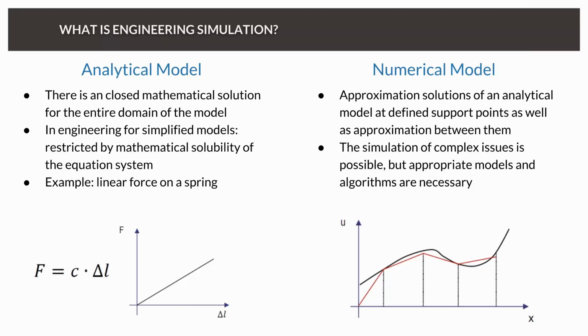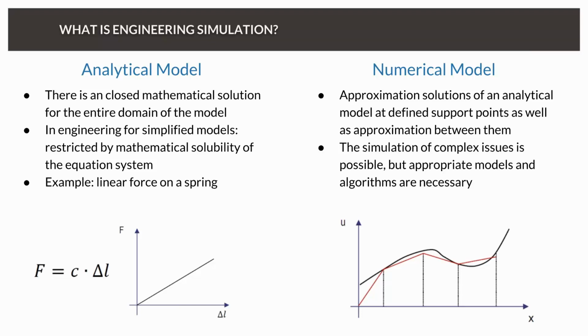So you all know analytical models. For analytical models, there's typically a closed mathematical solution for the entire domain of the model. So if we're interested in a certain quantity, the value of this quantity is known for the whole domain, and we have a continuous solution. Unfortunately, these kinds of models are not really available in engineering because they can only be solved for very simple problems or simple models.